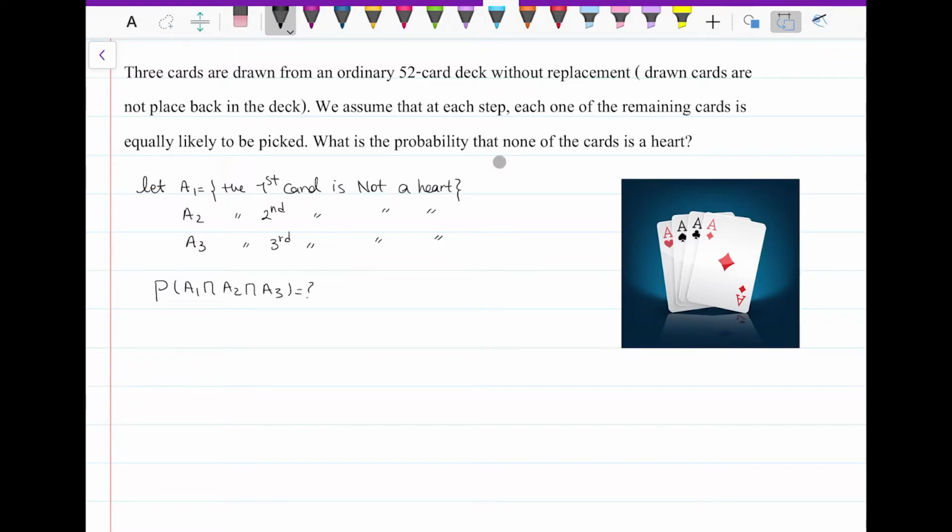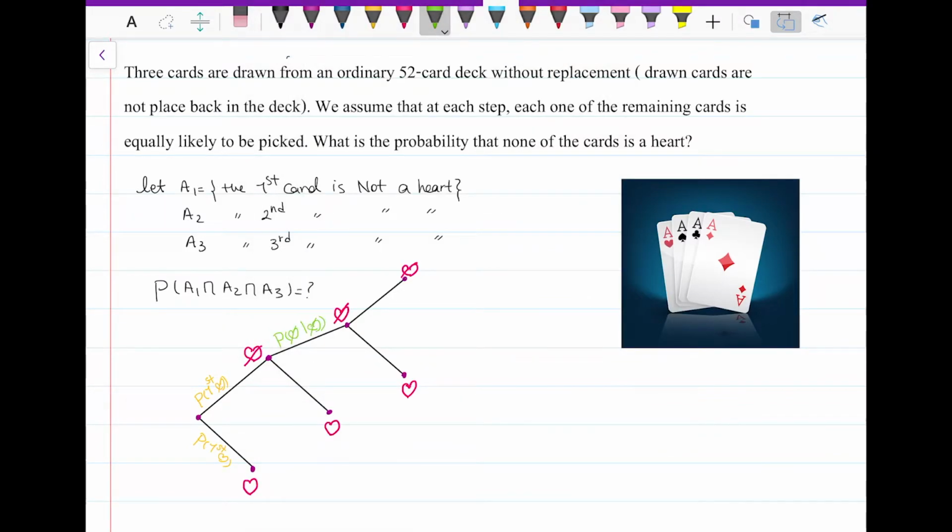Let me graph the tree. What is this tree? I started the experiment. I started to draw the first card.